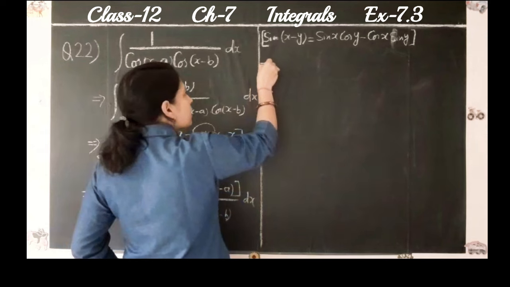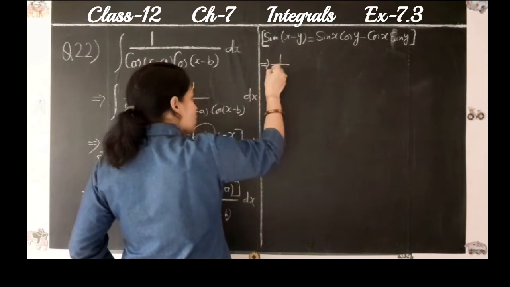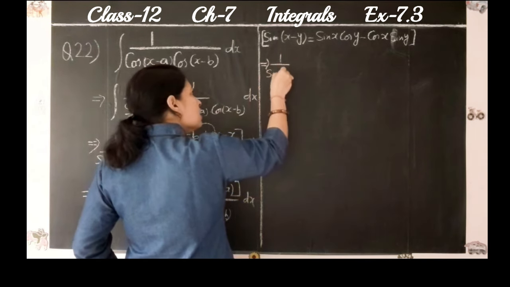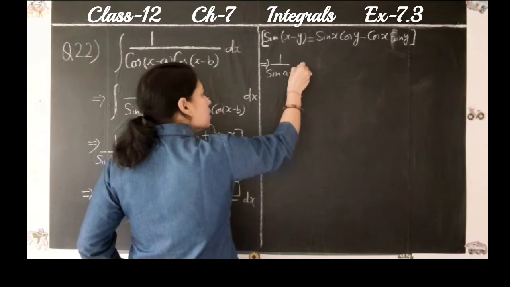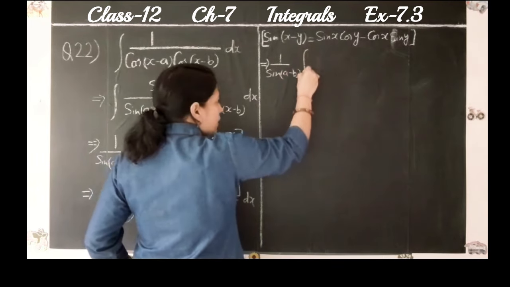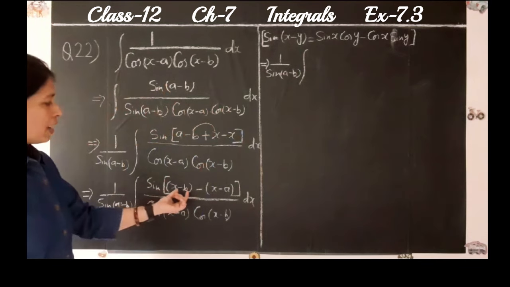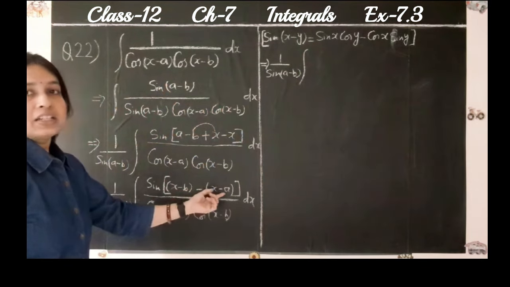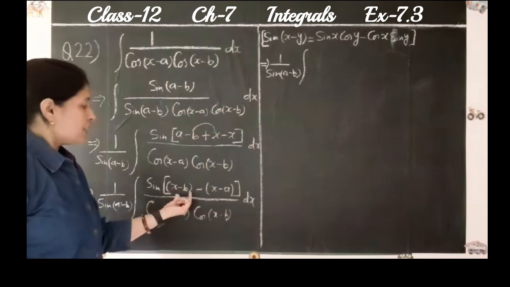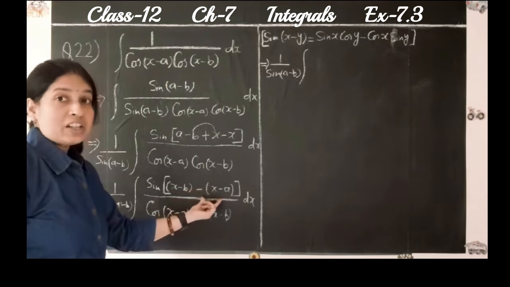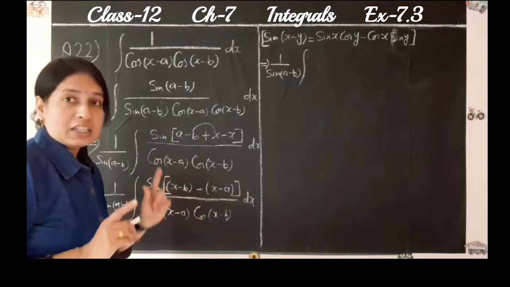So right here, first write the constant function sin(a minus b). Then write the integral. Here it is sin((x minus b) minus (x minus a)). So in place of x it is given x minus b, and in place of y it is given x minus a.